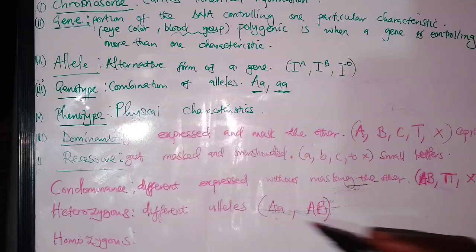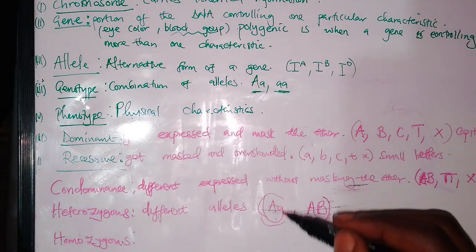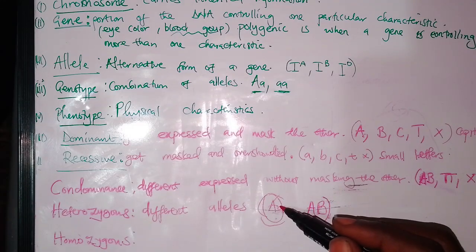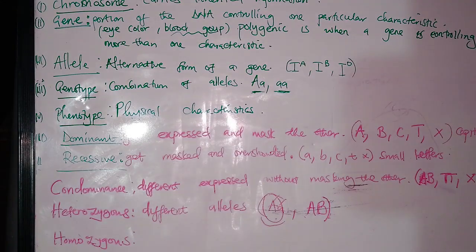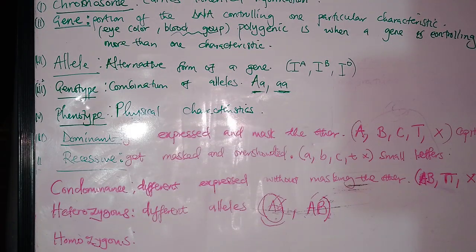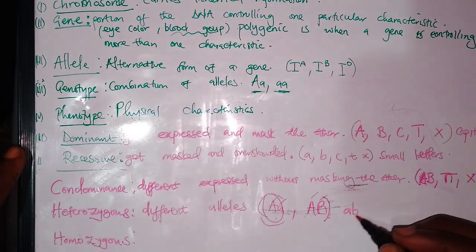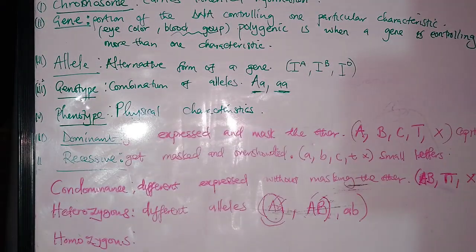Here we can see that we have both a dominant allele and a recessive allele. Or we can have both dominant alleles together. But the key here is they must be different. Or we can have recessive alleles, but the key idea is they should be different from each other.